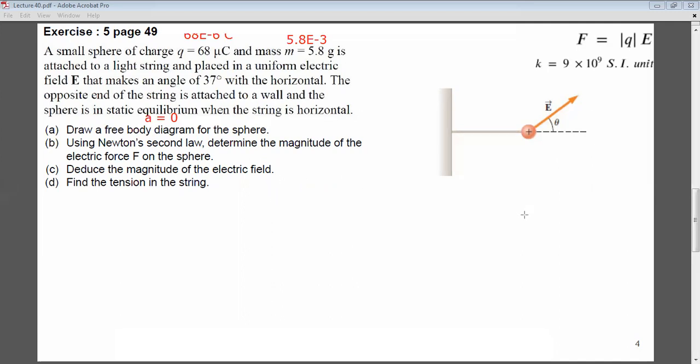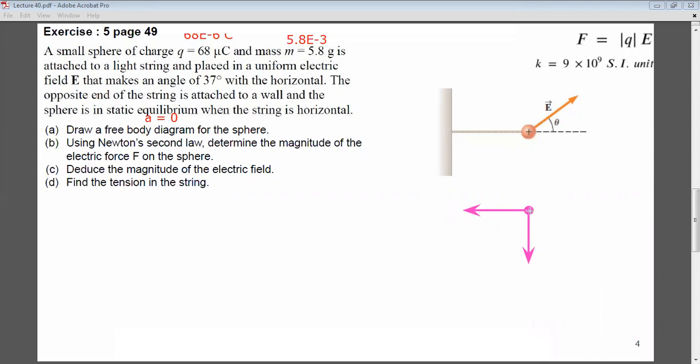So again, we bring our sphere. What are the forces acting on it? There is tension in the string. There is weight always, okay? And because there is an electric field, there is a force F. How is the direction of F? Here I have to pay attention.